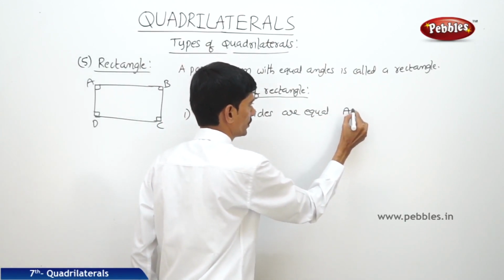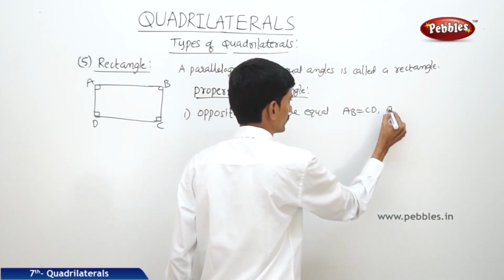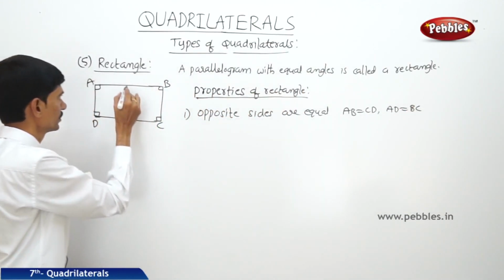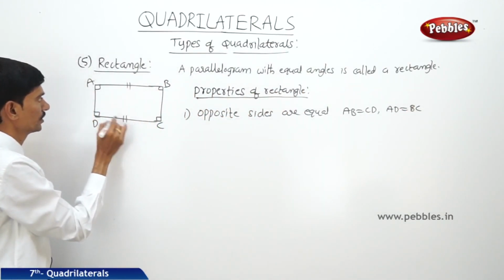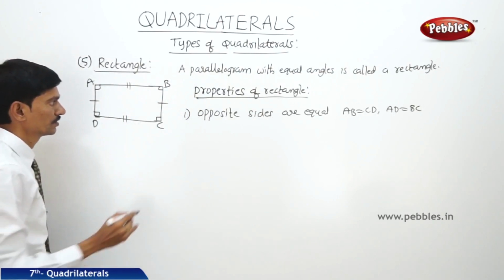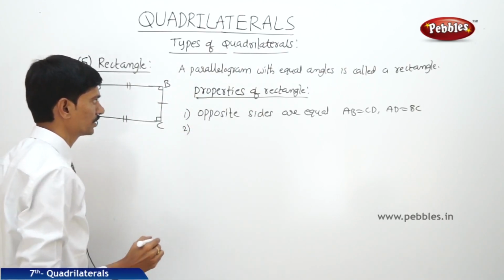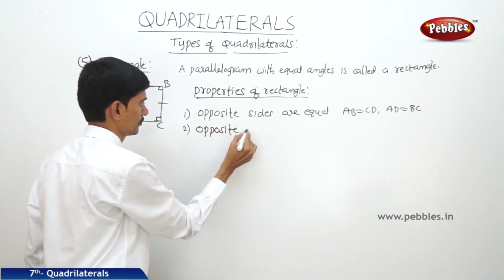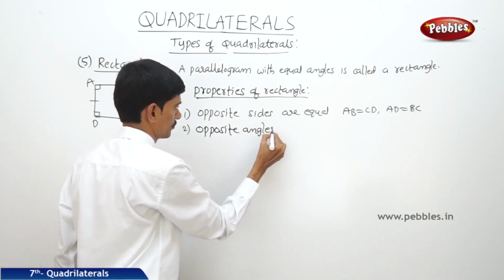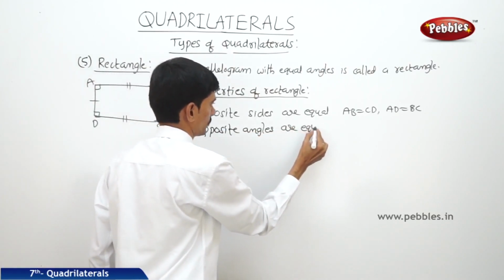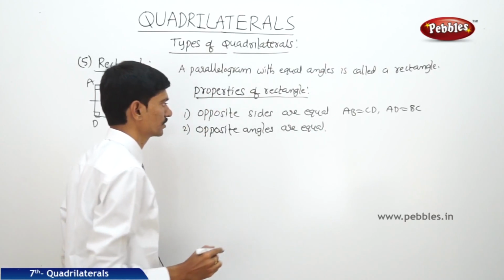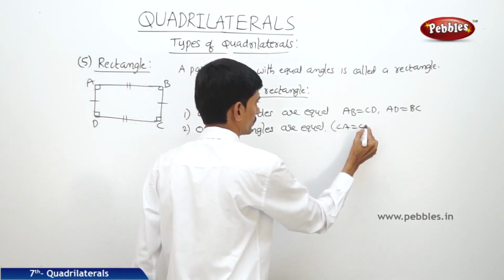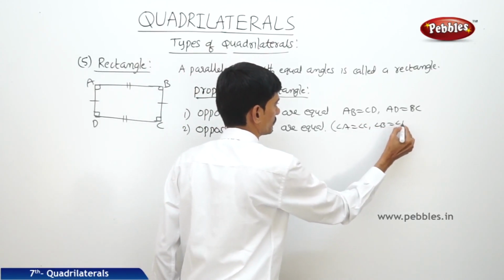Means AB equal to CD and AD equal to BC, and the opposite angles are equal. So not only opposite angles, all the four angles are equal. So angle A equal to angle C, angle B equals to angle D.